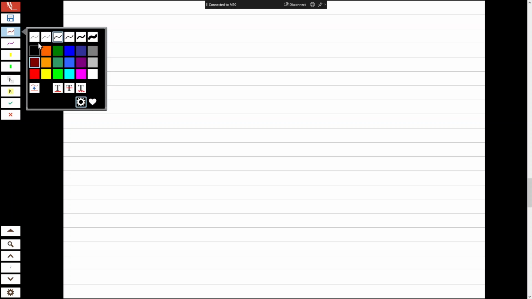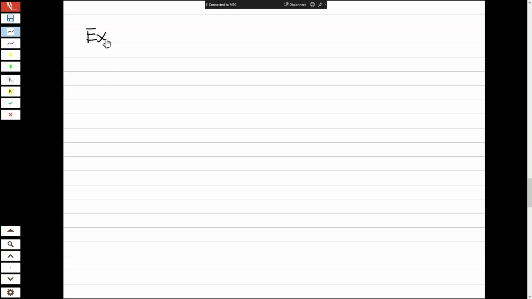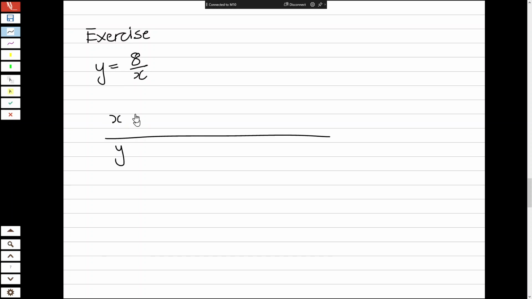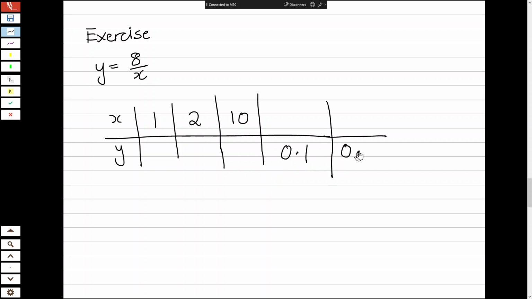So let's see. There's two different things that you've got to do. Okay, so this time I'll give you a different formula. Let's say it's y equals 8 divided by x. And this time the values I'm going to give you are 1, 2, 10, and here I'll say 0.1 and 0.01.